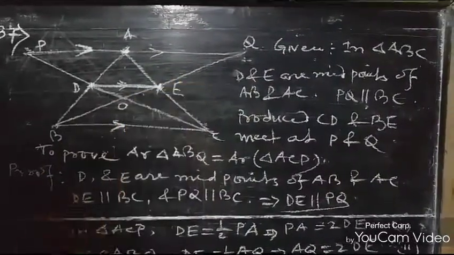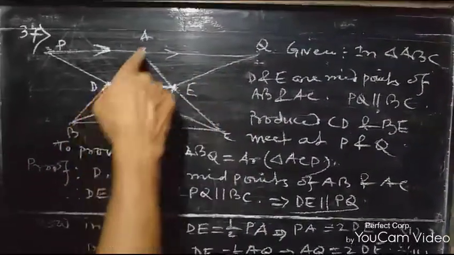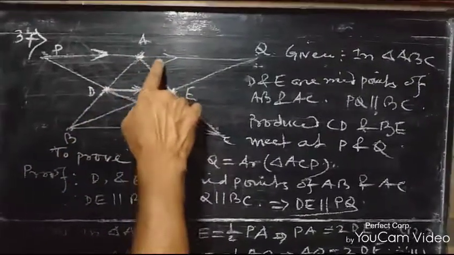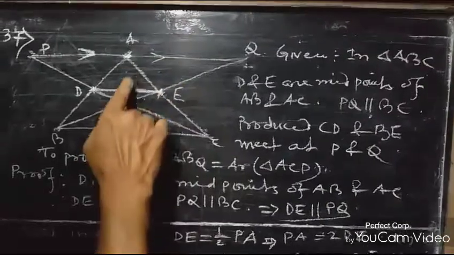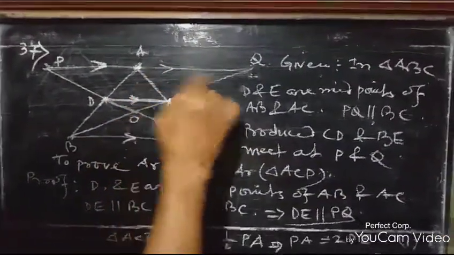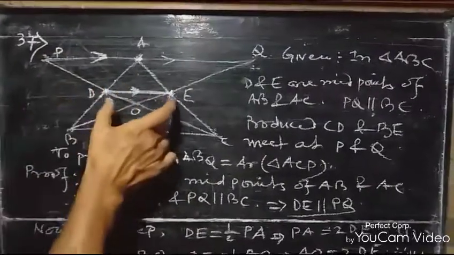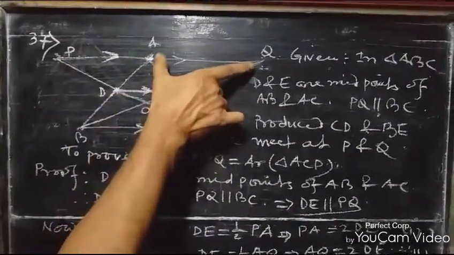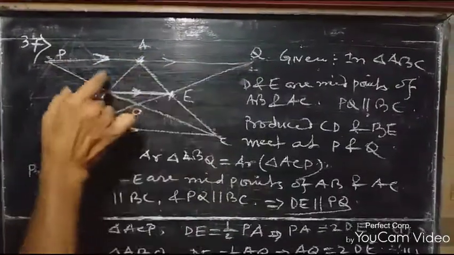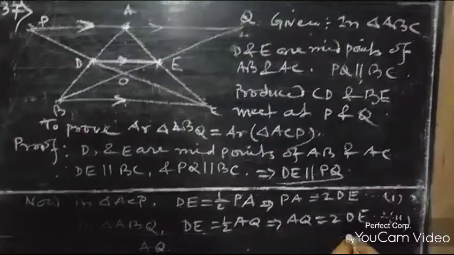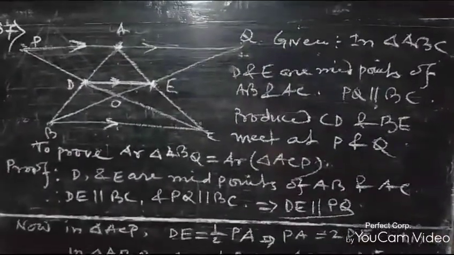If E is the midpoint of BQ and D is the midpoint of AB, then DE will be parallel to AQ and DE is equal to half of AQ. Now DE is half of AQ, DE is half of AP. So we can tell AP equals AQ.